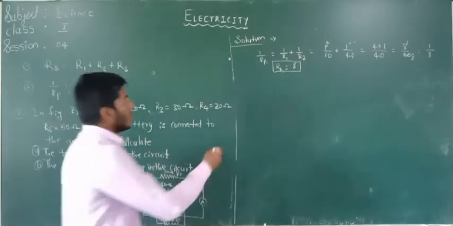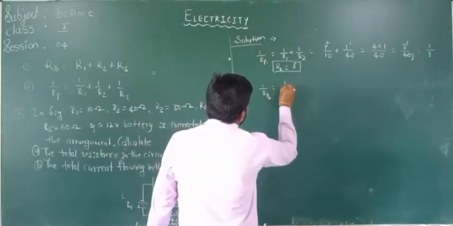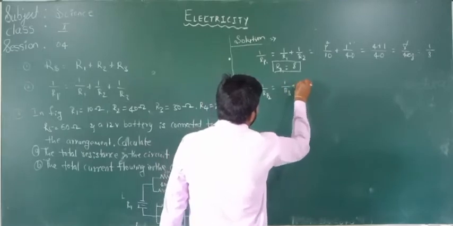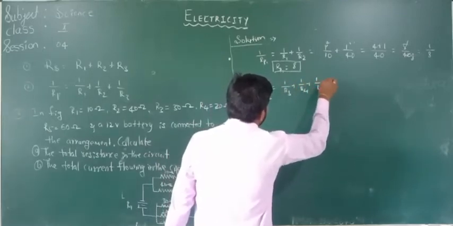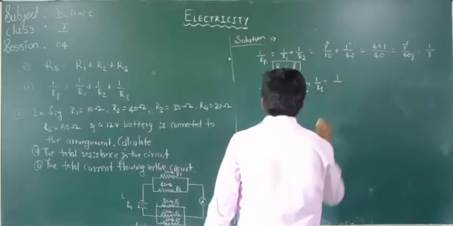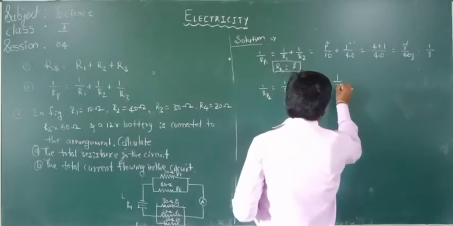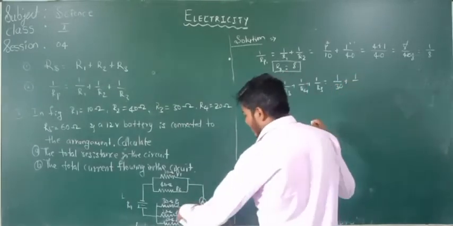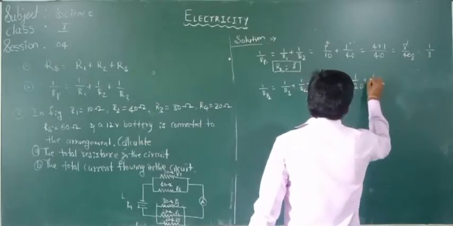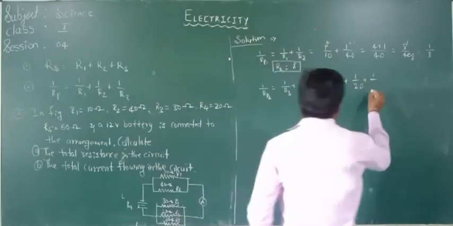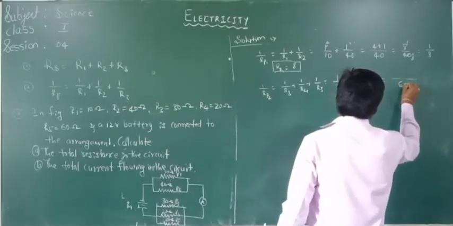Have you got it? So now we calculate 1 divided by Rp2, which is equal to 1 divided by R3 plus 1 divided by R4 plus 1 divided by R5. The value of R3 is 30, plus 1 divided by R4, that is 20, plus 1 divided by R5, that is 60. Here the LCM is 60.